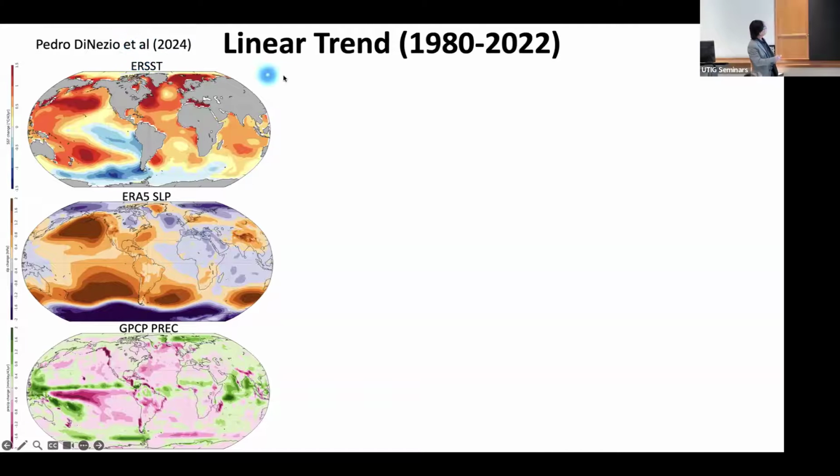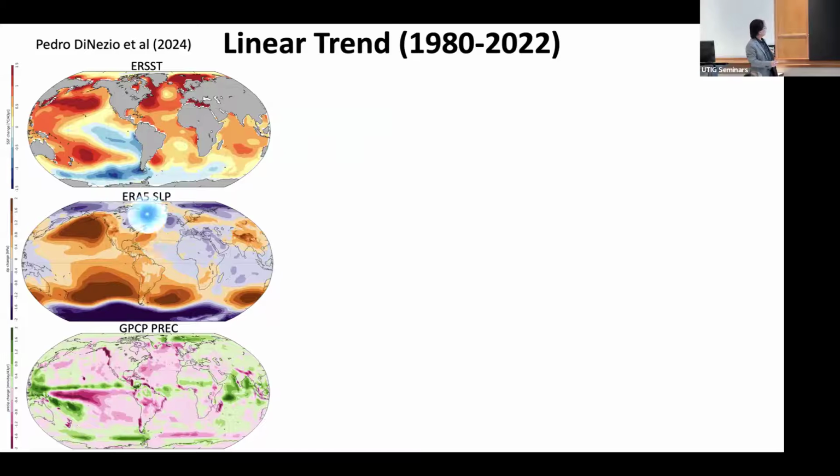During the recent decades, from 1980 all the way to the present, you can see, interestingly, that in the Southern Ocean and in the southeastern tropical Pacific, there's actually a cooling trend in the ocean, right?